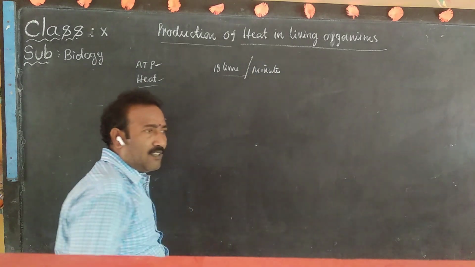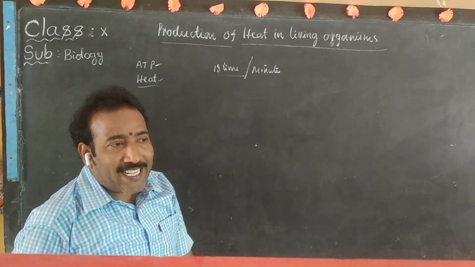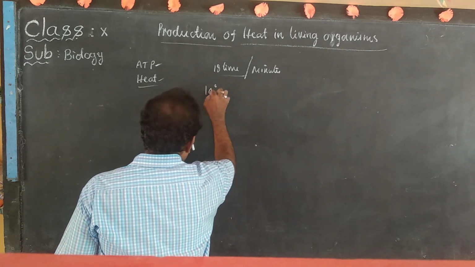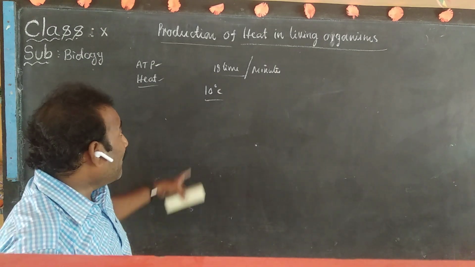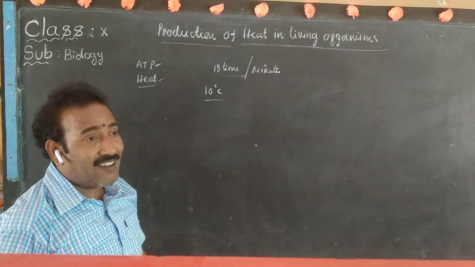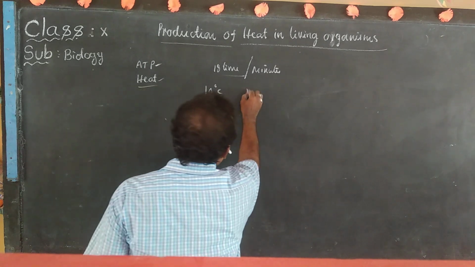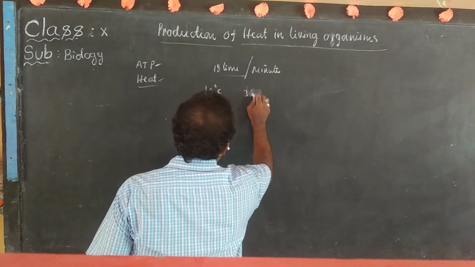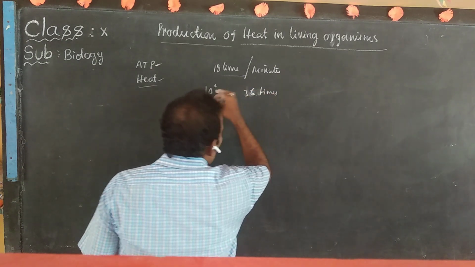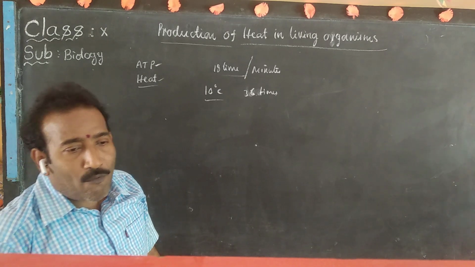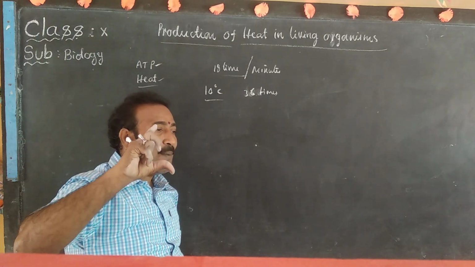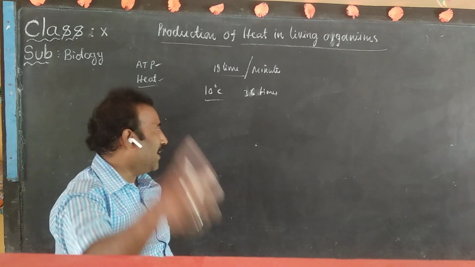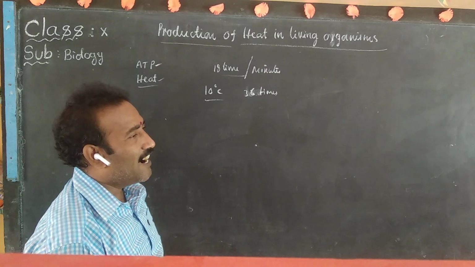If the temperature increases by 10 degrees Celsius, the rate of respiration becomes double, 36 times. So by this we understood that for every 10 degrees Celsius increase in temperature, the rate of respiration is doubled.